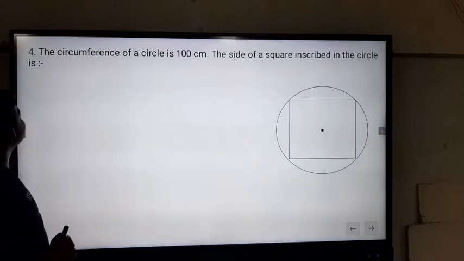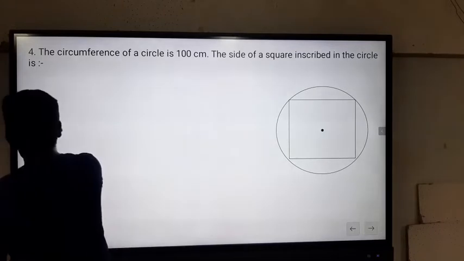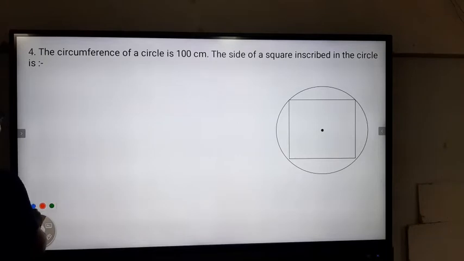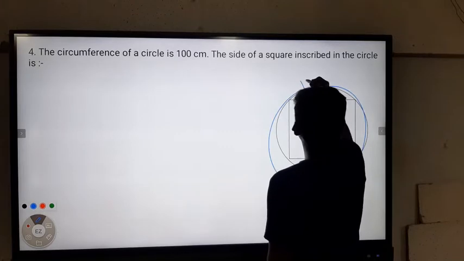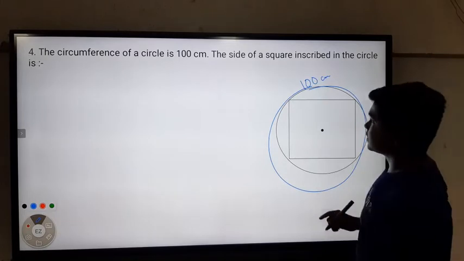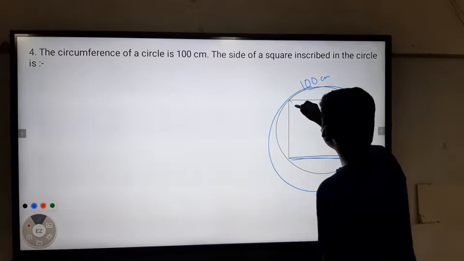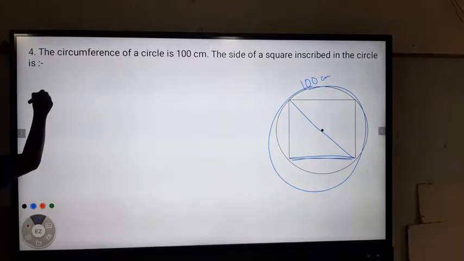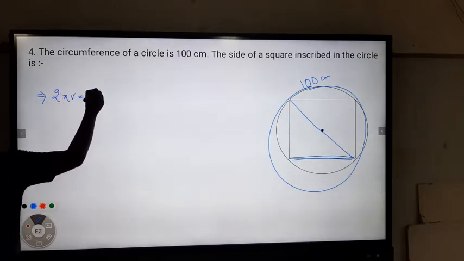So the next question is: given that the circumference of a circle is 100 cm, find the side of the square inscribed in the circle. So this circumference is given as 100 cm. We have to find this side, so we can take it as the diagonal. First we will find the radius of the circle. So 2 pi r equals 100.